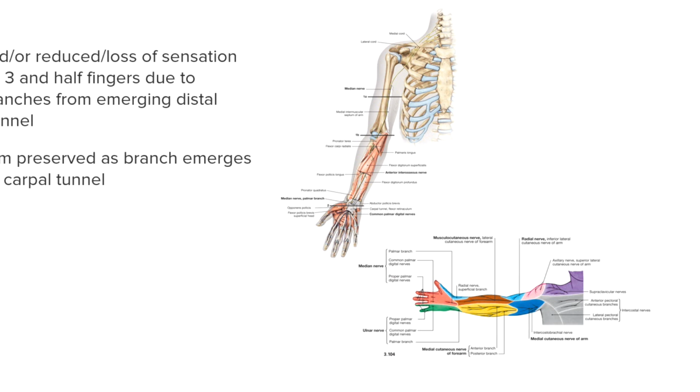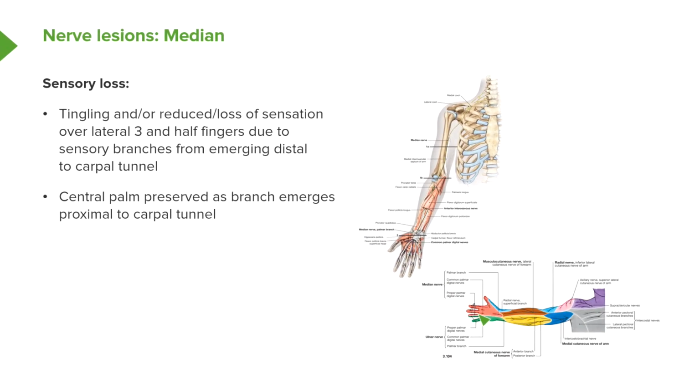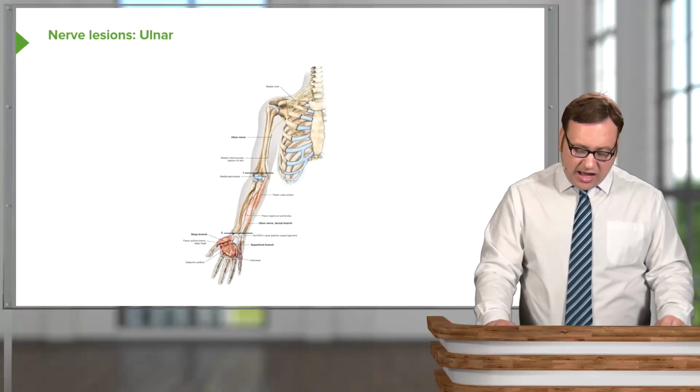However, sensation of the central palm will be preserved, because the palmar branch that supplies the central palm actually comes off the median nerve before it passes through the carpal tunnel. So because of that, it's not going to be damaged. So we can see sensory loss of fingers 1, 2, and 3.5, but with carpal tunnel damage, the central palm sensation remains intact.